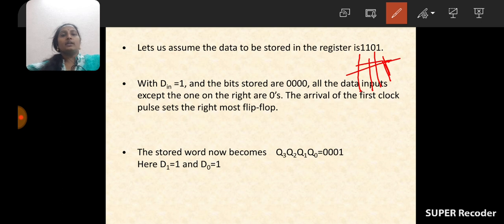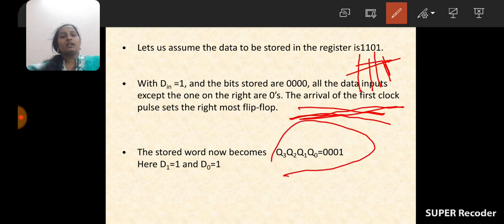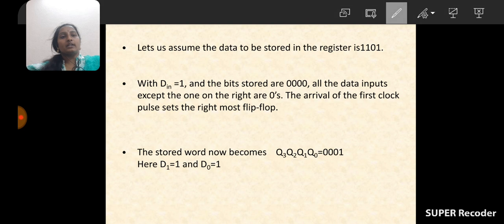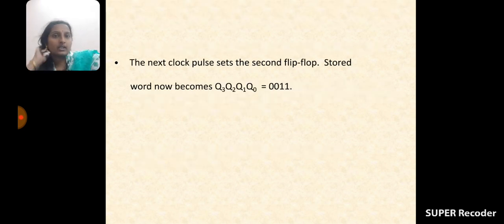After the arrival of the first clock pulse, the rightmost flip-flop, whatever data we applied, Q0 has 1 and the remaining are 0. After the application of the second clock pulse, the stored word now becomes 0, 0, 1, 1.